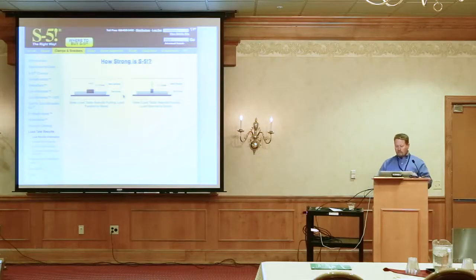The question is, when we test in two load directions, normal and parallel, what does it mean when you say it's normal? So here on the landing page for the load test results, you'll see it says pulling load parallel to seam.